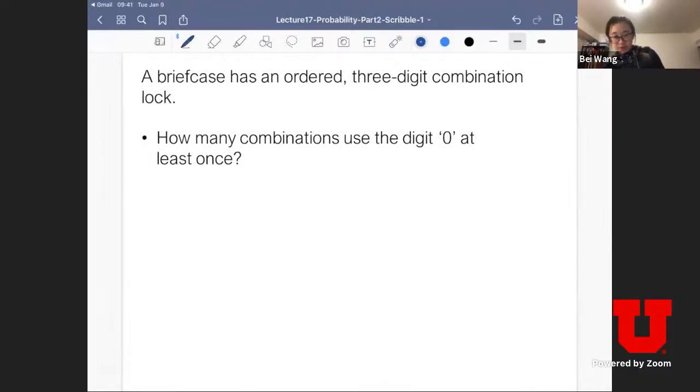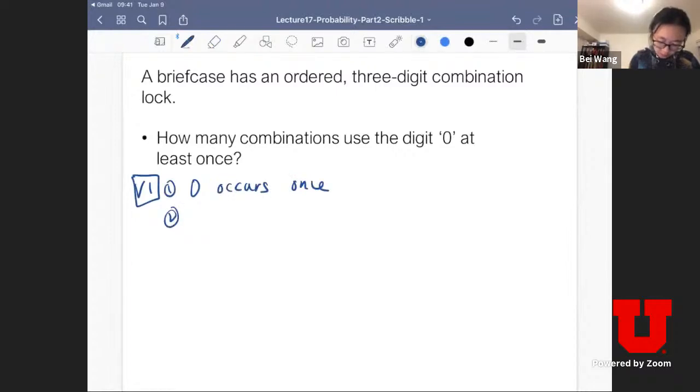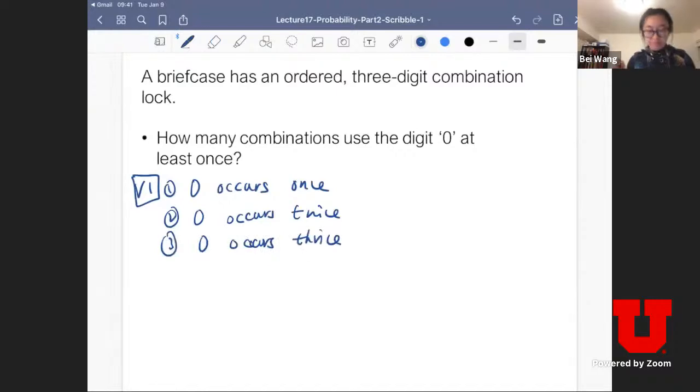Now let's ask the last question. How many combinations use the digit 0 at least once? If you think about at least once, what are the cases? Version number 1 is you say 0 occurs once, or 0 occurs twice, or 0 occurs 3 times.